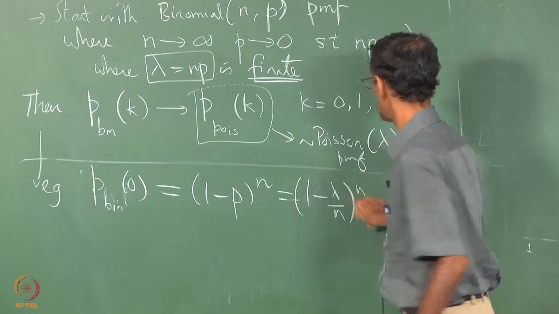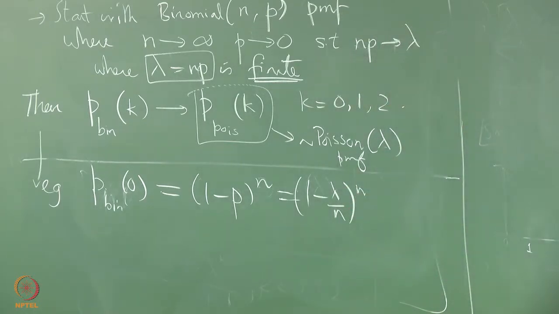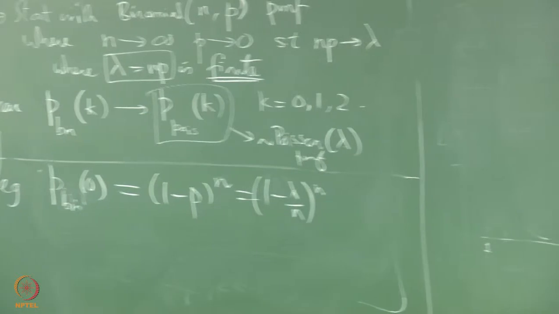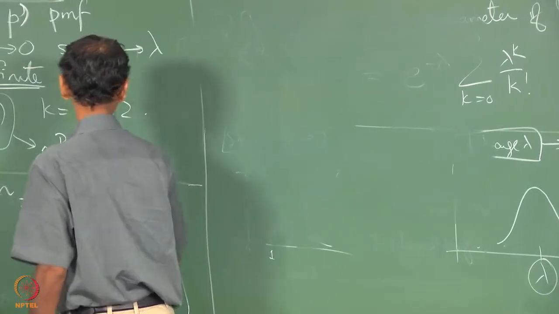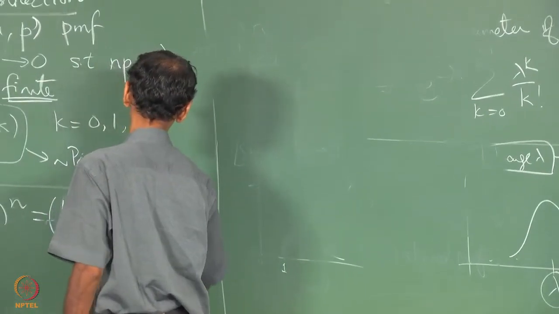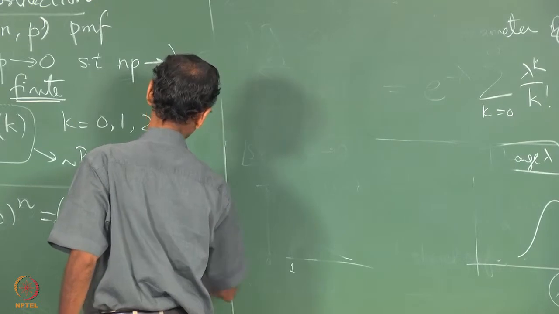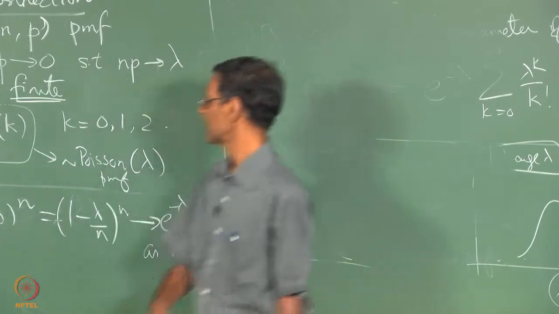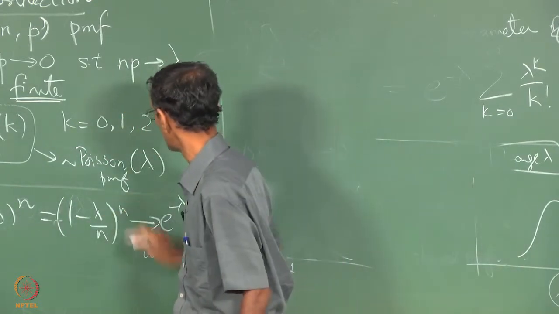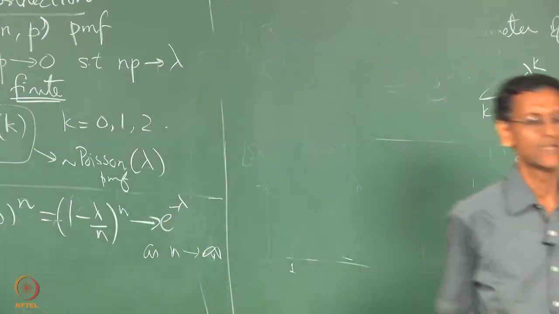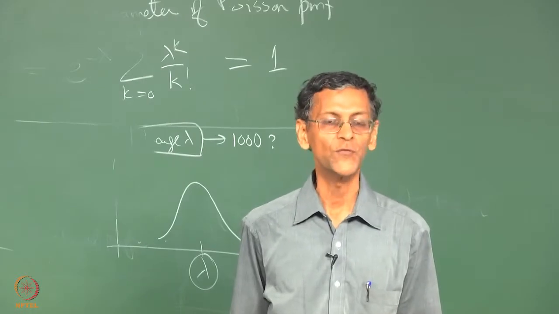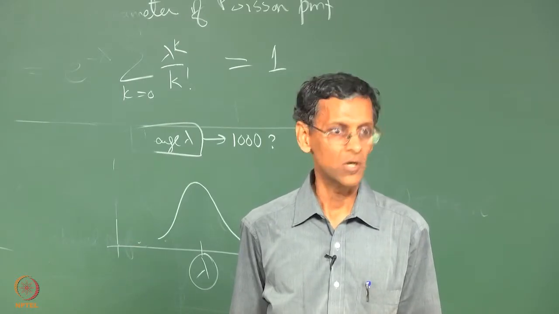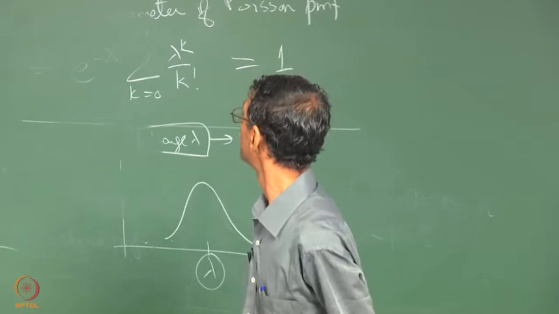What happens to this as n goes to infinity, but fixed lambda? It goes to e power minus lambda. So 1 minus lambda by n whole power n is basically why you get this convergence, and then you can show the convergence for all other k also.